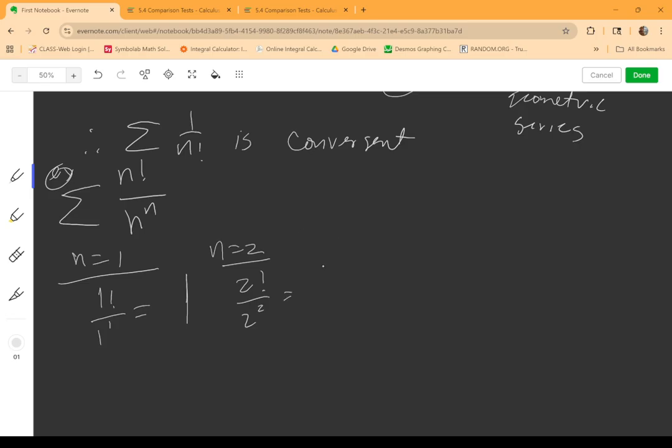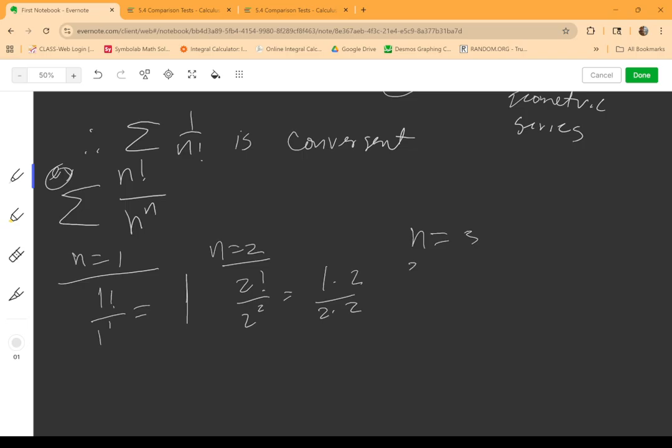So here we have 1 times 2 over 2 times 2. And here what we notice is that after n is equal to 2, this last term is always going to be 1, and the terms before that are going to be less than 1.